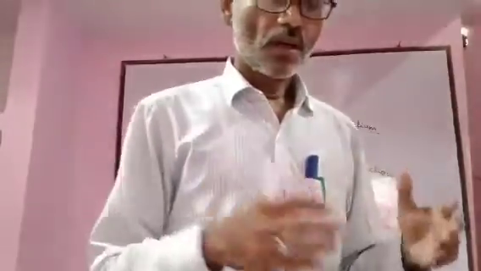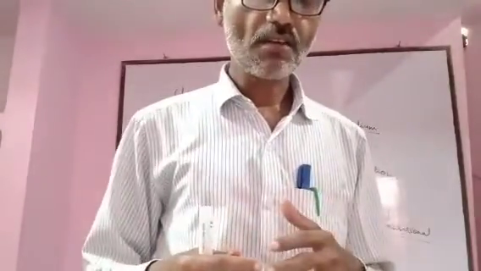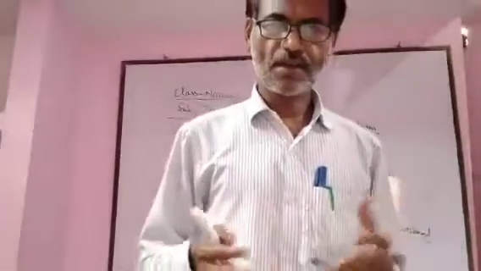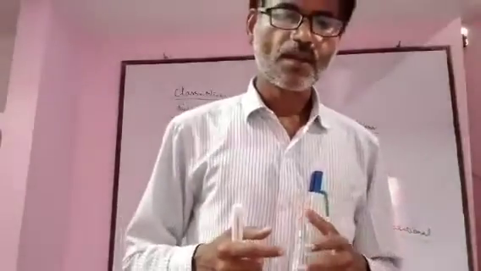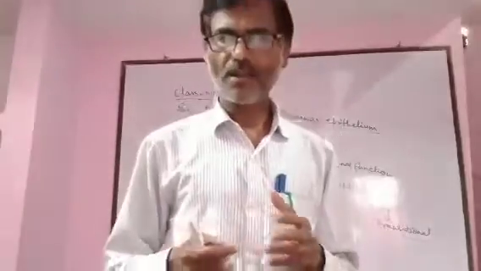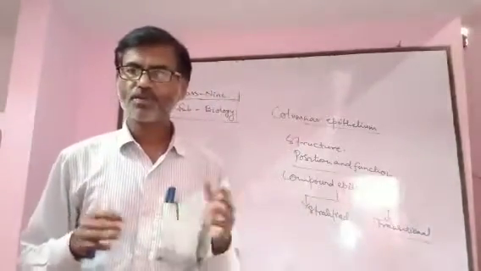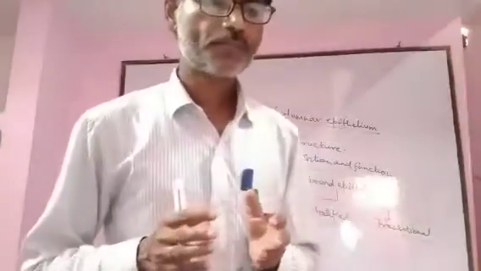Well, stratified epithelium is present in the skin of tetrapod animals, right? It is also present in our tongue, mouth cavity and esophagus. While transitional epithelium is mainly present in different parts of the urinary system, say the ureter and urinary bladder.